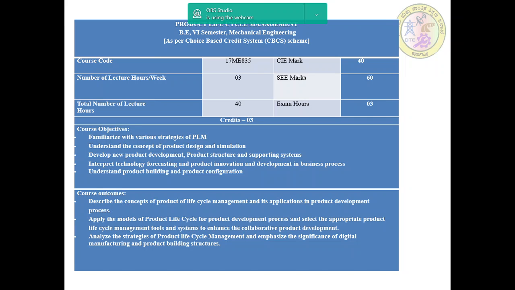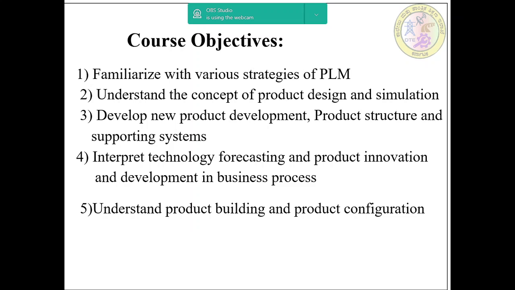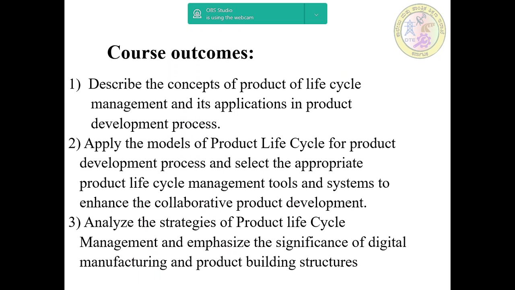The main course objectives are: familiarize with various strategies of PLM, understand the concept of product design and simulation, develop new product development, product structure and supporting systems, interpret technology forecasting and product innovation and development in business process, and finally understand product building and product configuration.